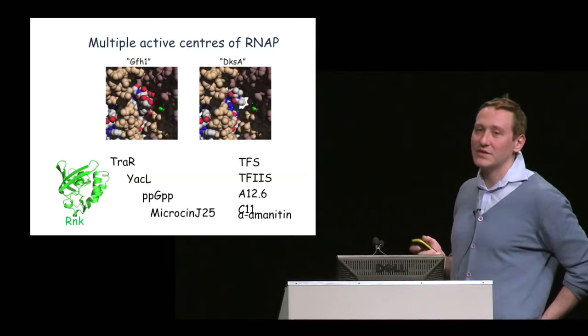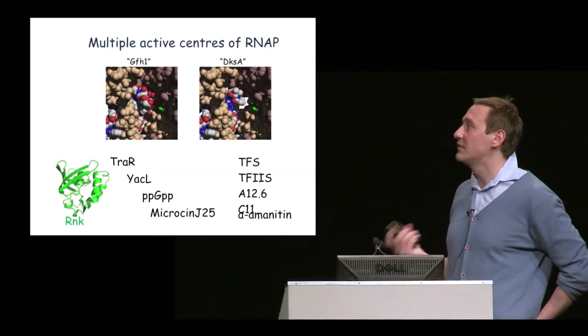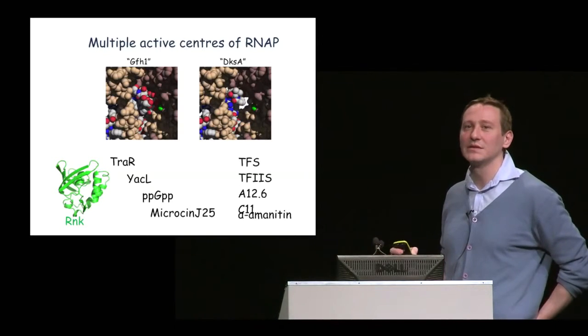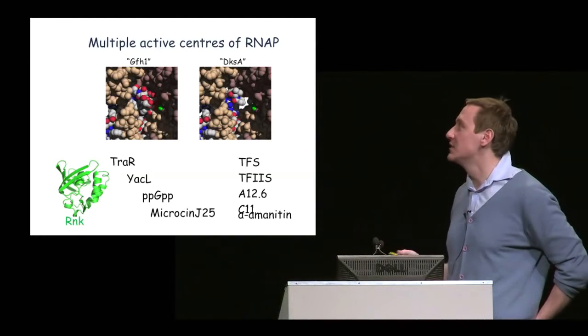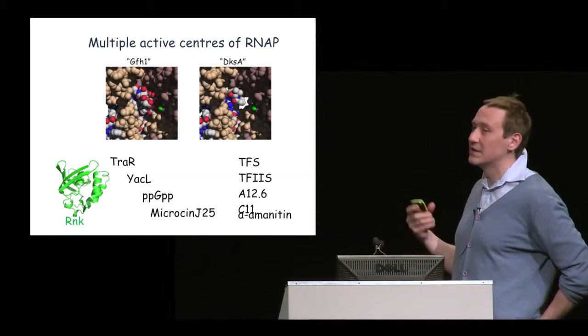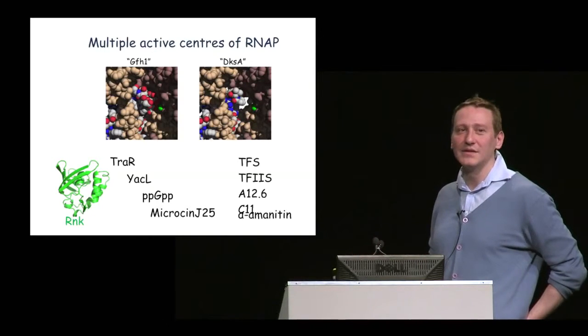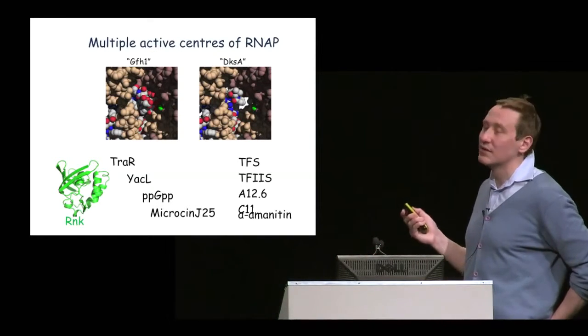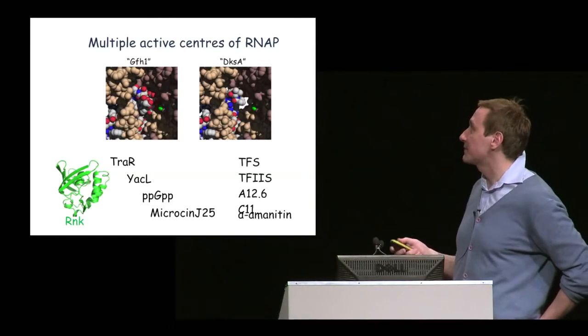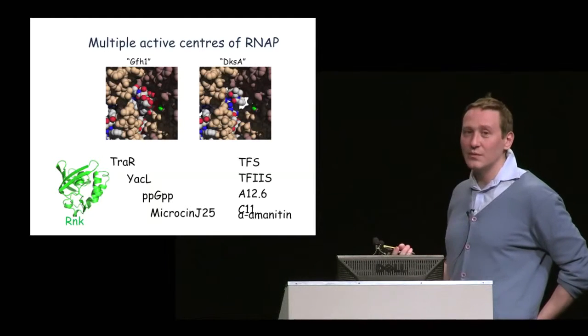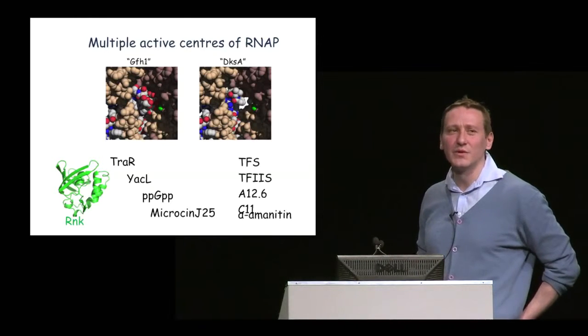We don't know what GFH does in vivo. In vitro, it slows down transcription a little bit, and it also inhibits the GRE-catalyzed cleavage. But it doesn't bring any other activity on its own. DksA is a global transcription regulator in many bacteria. But how it works, the molecular mechanism, we don't know.